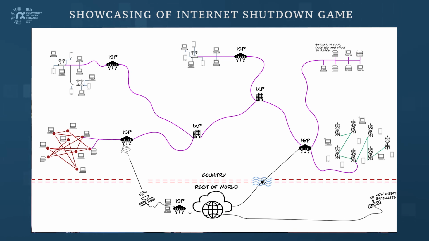Each country has its own national internet infrastructure, but we can't represent all of it, so it's just shown in this rest of the world cloud symbol. Here we have one gateway that's a traditional satellite connection and another that's an undersea cable, right?